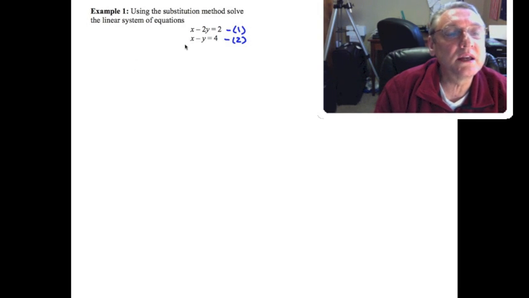So in this case, if we look through the equations, we see that this one looks like it's pretty easy to manipulate.